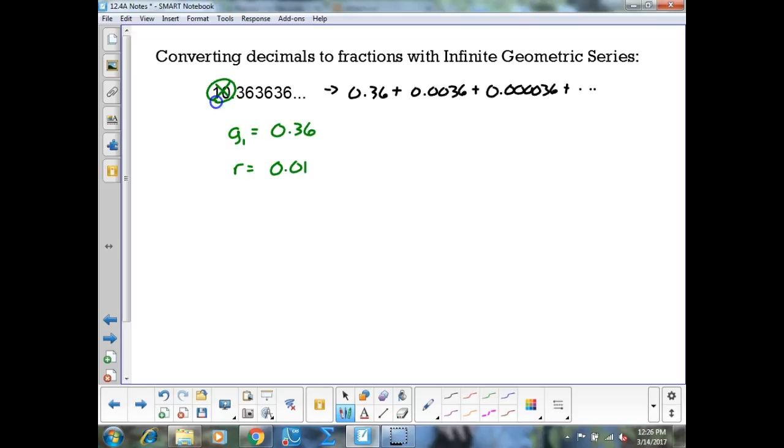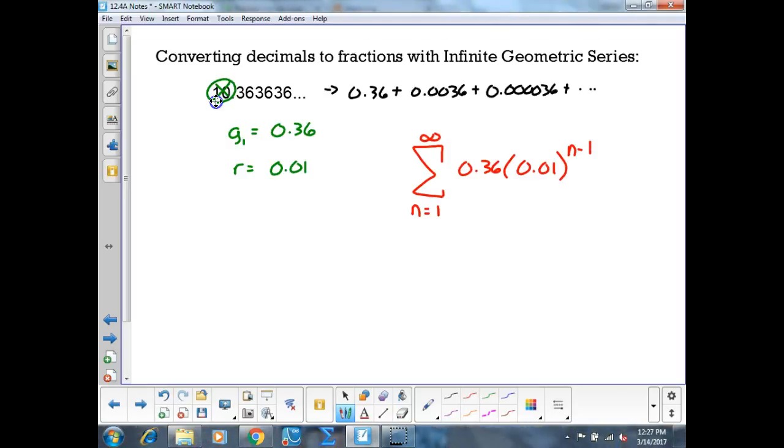Which gives me then a sigma, still sticking with n, 1 to infinity of 0.36 times 0.01 to the n minus 1 power. Yes? Okay. So 0.01 is in our negative 1 to positive 1 range. Okay. Not equal to 0. So we can find the sum of that series.